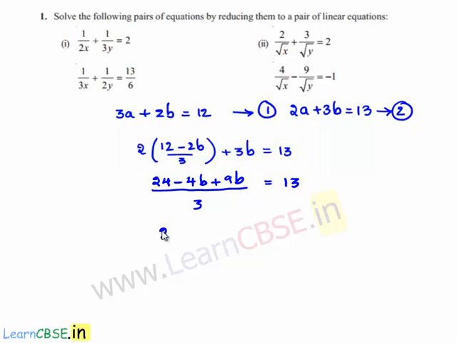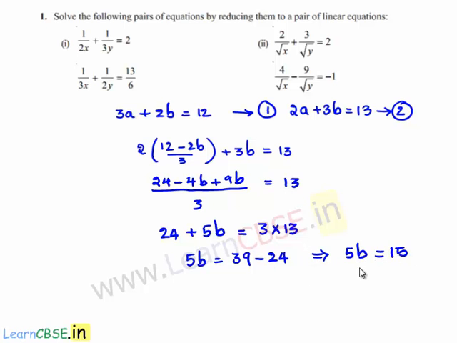This can be written as 24 minus 4b plus 9b is 5b, and 3 can be transposed to right hand side. We will be getting 3 multiplied by 13. So 5b is equal to 3 multiplied by 13 is 39, and 24 can be taken to right hand side. We will be getting minus 24, which implies 5b is equal to 39 minus 24 is nothing but 15. So b is equal to 15 by 5, which is nothing but 3.